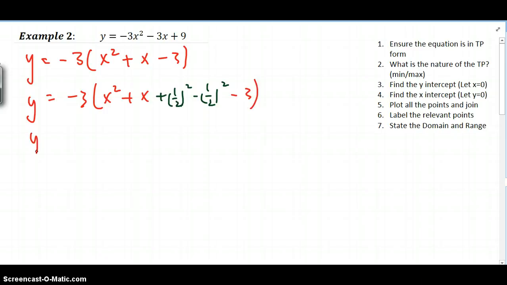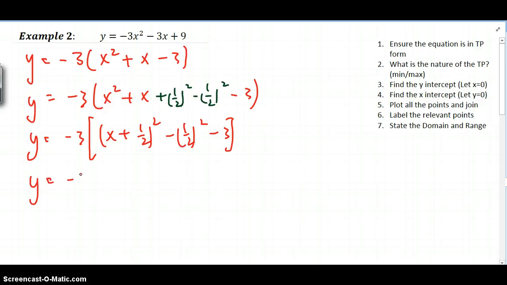So the next step is y equals minus 3, I'm going to put square brackets, just to make it look nice and neat, so this becomes x plus a half squared minus a half squared minus 3. And so this becomes y equals minus 3 brackets x plus a half squared minus 1/4 minus 3.